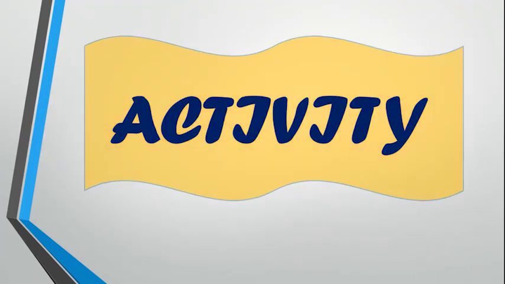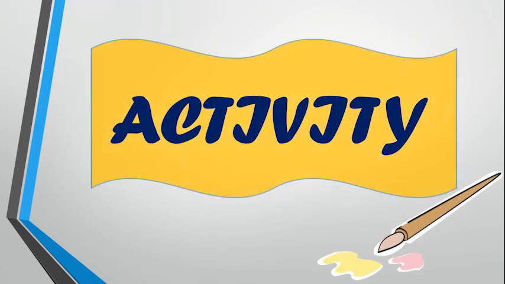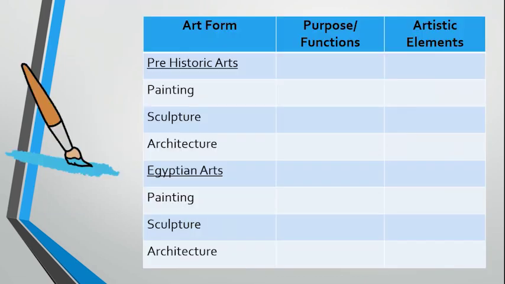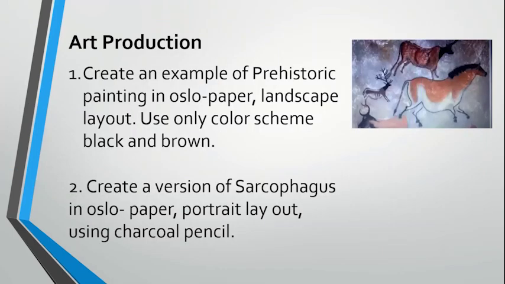Now, let's have an activity to know how much you have learned from our lesson today. In this activity, you have to fill in the blanks with the characteristics and functions that would best describe the art forms in every era and period. Please write the purpose or functions in the center table and the artistic elements in the right table of each art form.